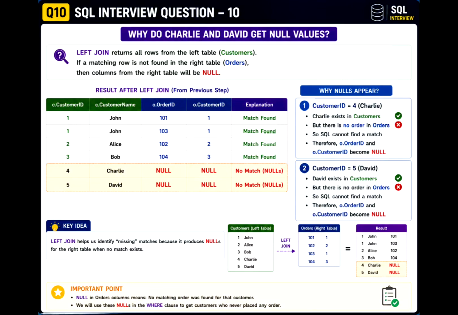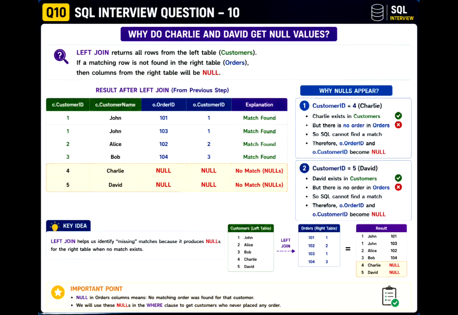An easy example: imagine a classroom. You have a list of all students. You also have a list of students who attended today's class. If a student is missing from the attendance sheet, the student still exists, right? But attendance information does not exist. That missing attendance is similar to null after a left join.